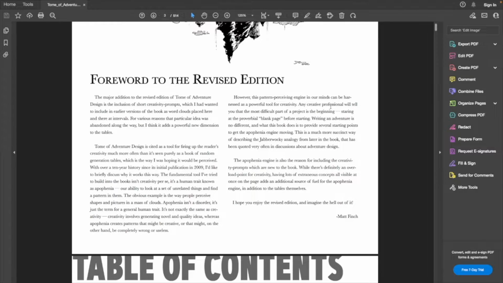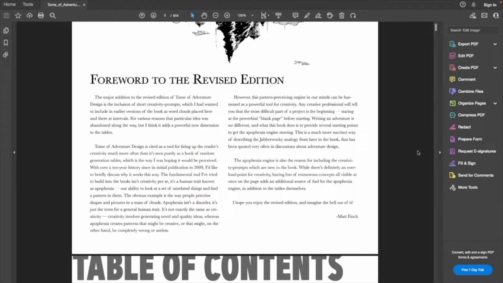Any creative professional will tell you that the most difficult part of a project is the beginning, staring at the proverbial blank page before starting. Writing an adventure is no different, and what this book does is to provide several starting points to get the apophenia engine moving.